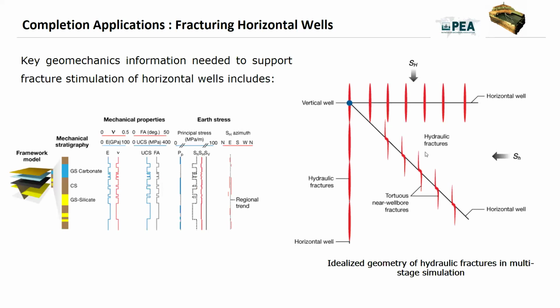The geomechanics information needed to support the fracture stimulation of horizontal wells is the same as the conventional. So we have to get a vertical overburden profile, maximum horizontal stress, minimum horizontal stress, estimation of pore pressure, and also the most important thing is the azimuth of maximum horizontal stress, which is crucial because you will drill in a horizontal way.